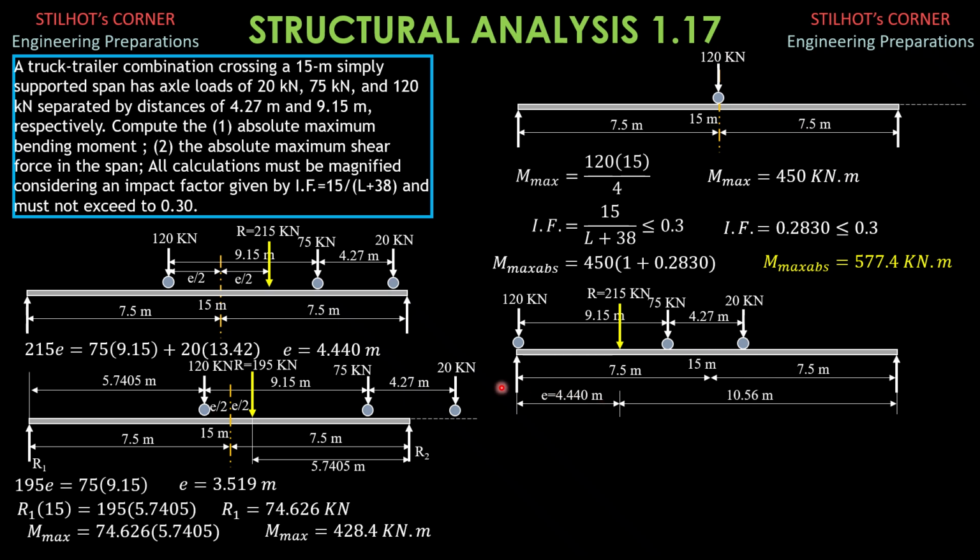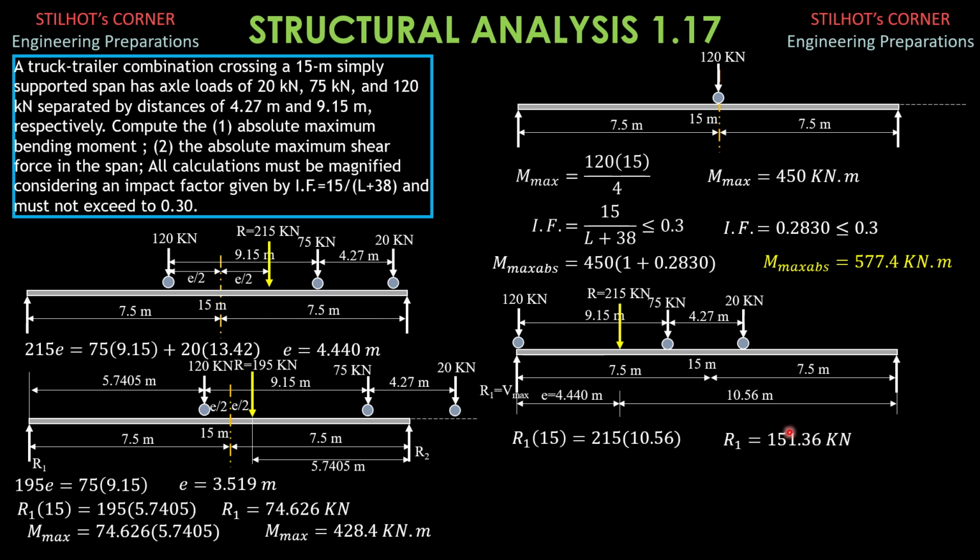So the resultant reaction here, which is R1 or Vmax, can be computed by summing up moments about the right side, and we only use the resultant because it's the same as the moment of the sum of the moments of its components, which are these three forces. So R1 times 15 equals 215 times 10.56. So R1, which is equal to the maximum shear, is 151.36. This is also the absolute maximum shear.